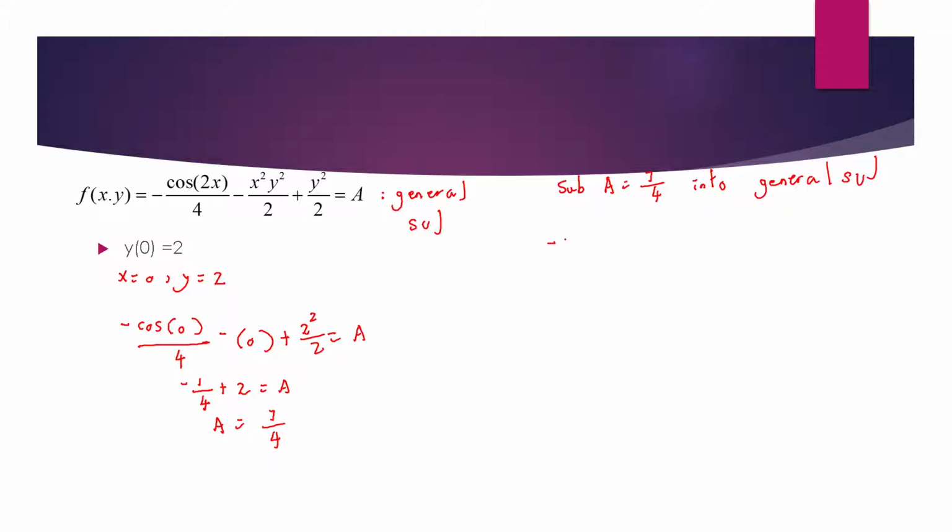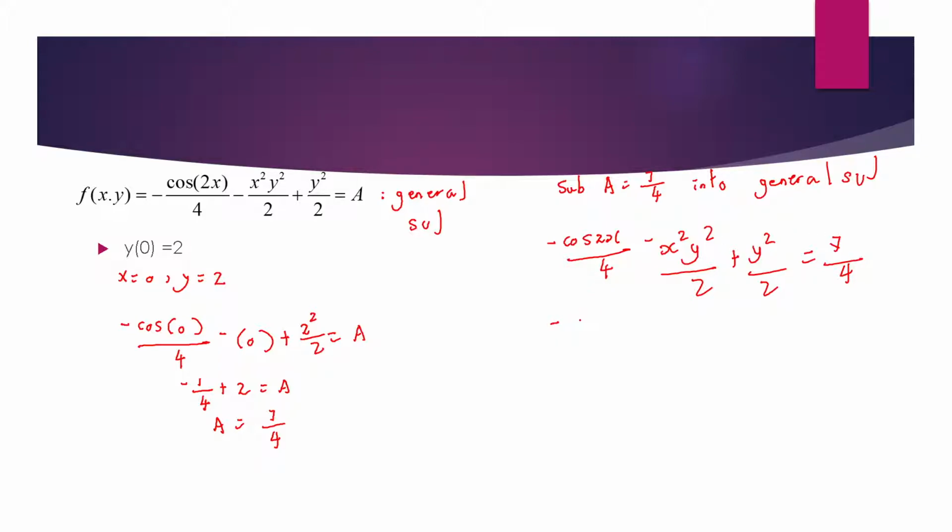So you have negative cos 2x over 4 minus x squared y squared over 2 plus y squared over 2 equal to 7 over 4. This is the particular solution. If you want a nice form, you may multiply both sides by 4.